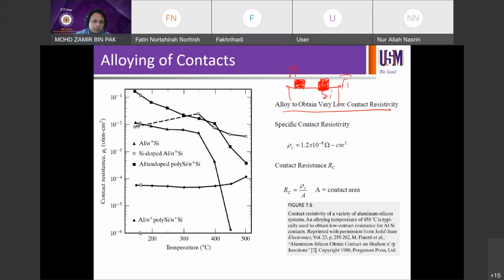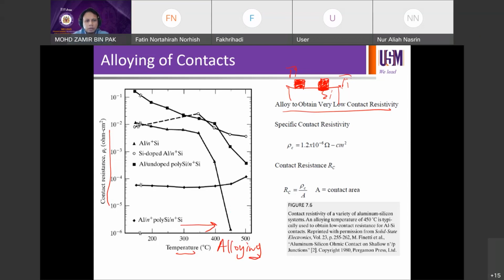Okay, so you can see here contact resistance on the Y axis, within 10 to the minus 1 to 10 to the minus 6 ohm cm squared, against temperature of alloying, the alloying temperature. You can alloy at this temperature. So tengok apa jadi. Generally you can see that if you go for higher temperature, you're going to get lower contact resistivity, right?